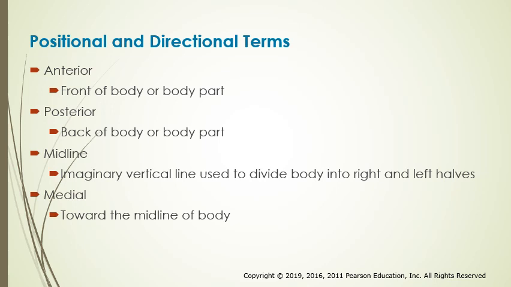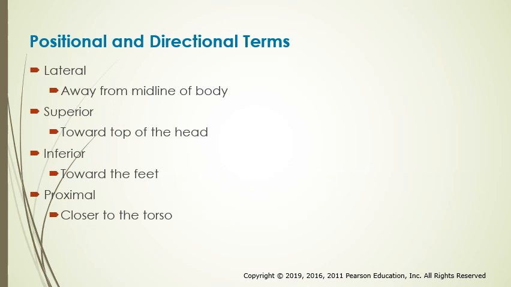The midline is like an imaginary vertical line used to divide the body into right and left halves. So it goes straight down through your nose all the way down, and then anything that is said to be medial is close to that line, is more towards the center of the body. Anything lateral would be away from that.